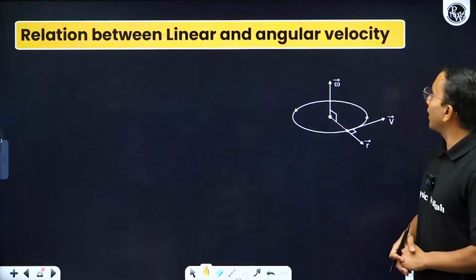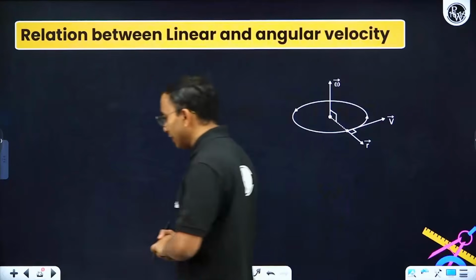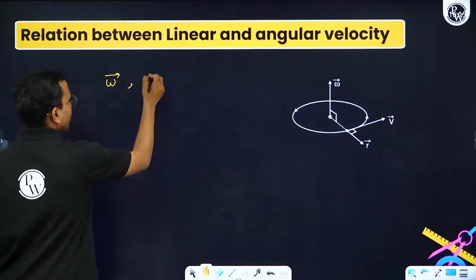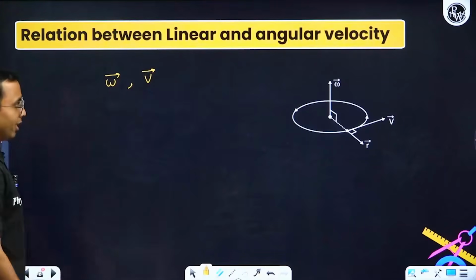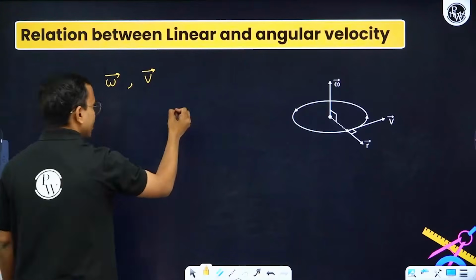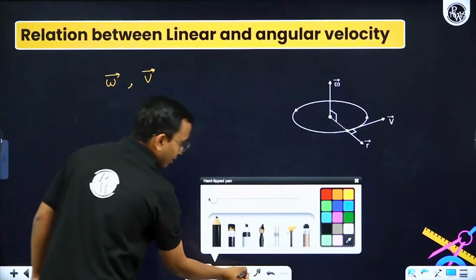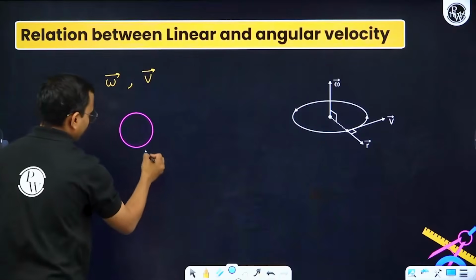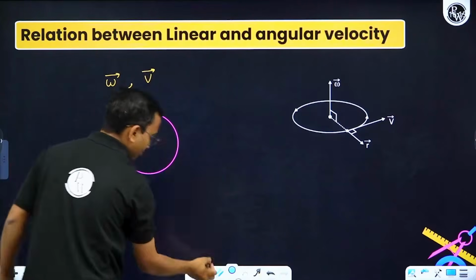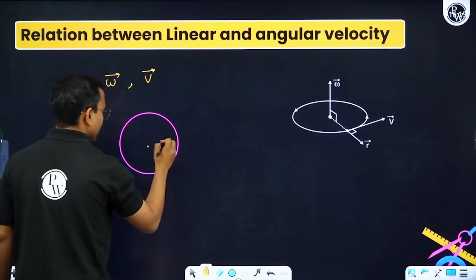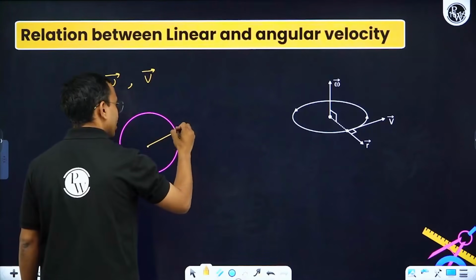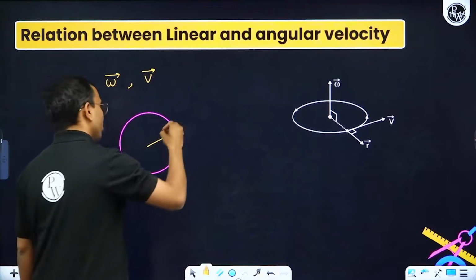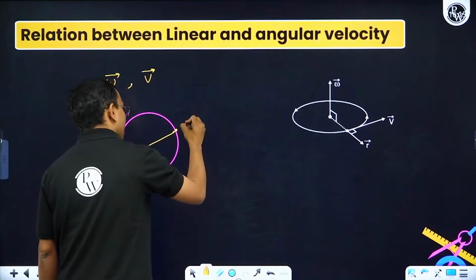Relation between linear and angular velocity. Angular velocity is omega, linear velocity is v. How to relate them? Let us take the particle here. At this instant it is moving with angular velocity omega.